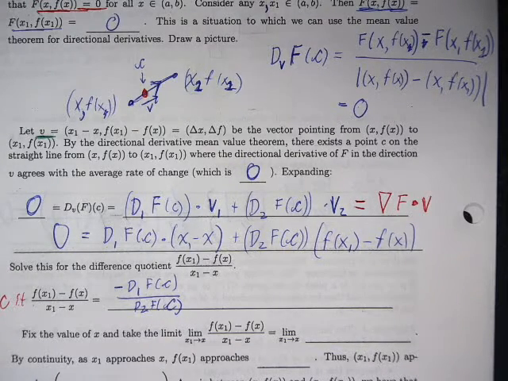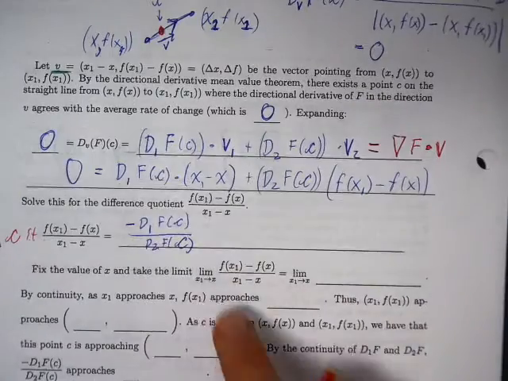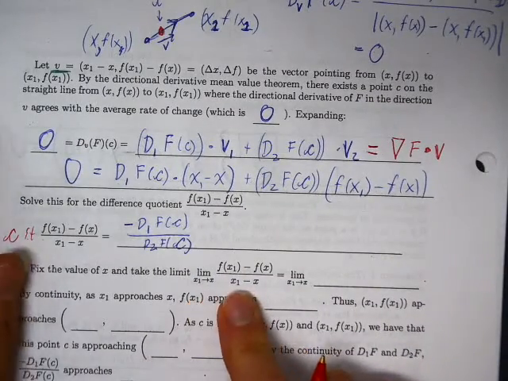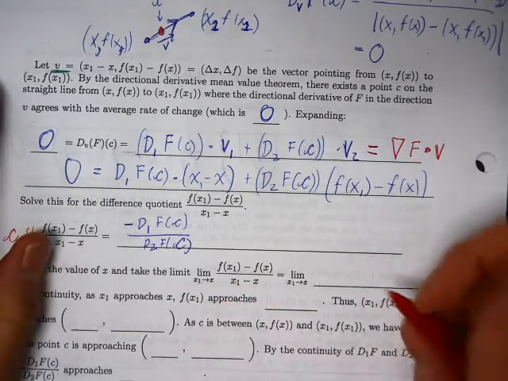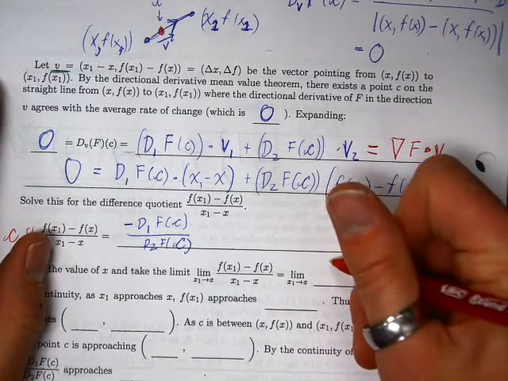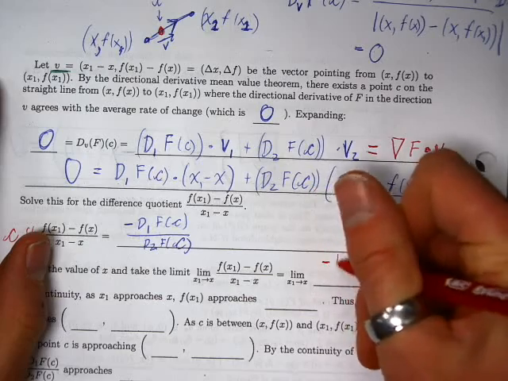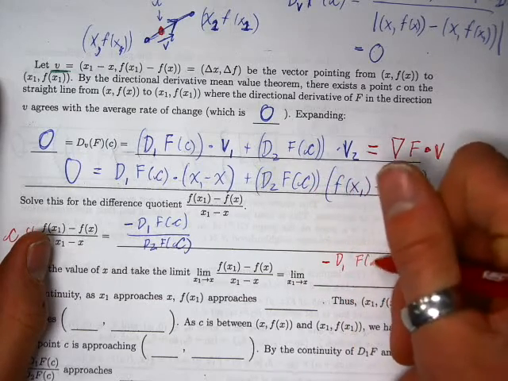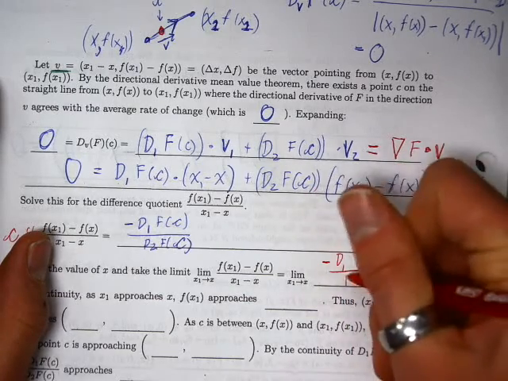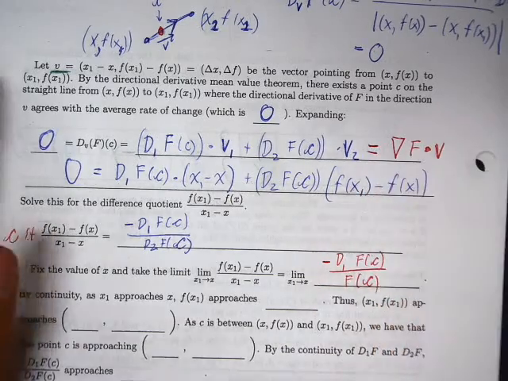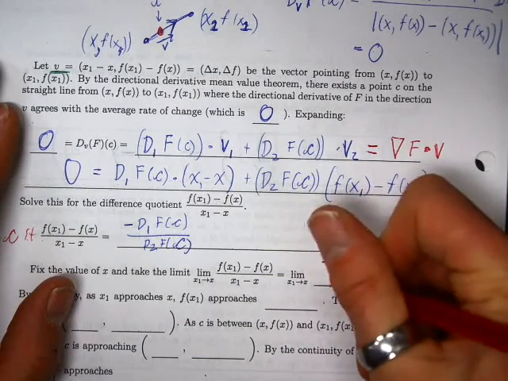Now, let's take the limit that we need to take in order to compute the derivative. We need to compute the limit as x1 goes to x of (f of x1 minus f of x) over (x1 minus x). That is to say, the limit as x1 goes to x of negative d1 F of c divided by d2 F of c.